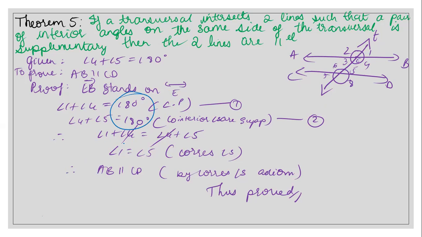Now since angle 4 is common on both LHS and RHS, we are cancelling it out. So therefore, angle 1 is equal to angle 5. And of course, they are corresponding angles. By looking at the figure, you can tell that angle 1 and angle 5 are corresponding angles. So therefore, AB is parallel to CD by the corresponding angles axiom. So thus we have proved it. Easy. So this is theorem number 5.